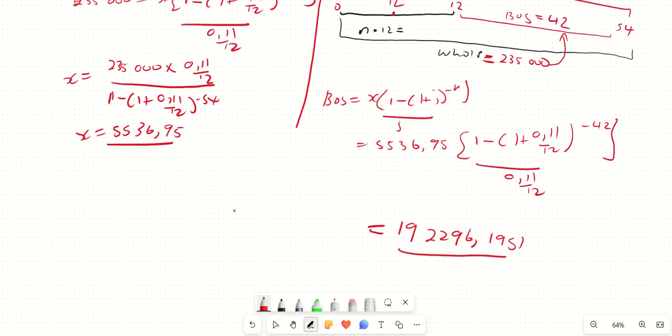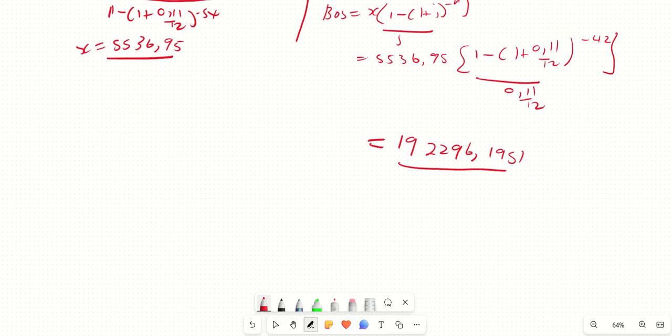So now L in this case is equal to 235,000 minus 192,296.1954.